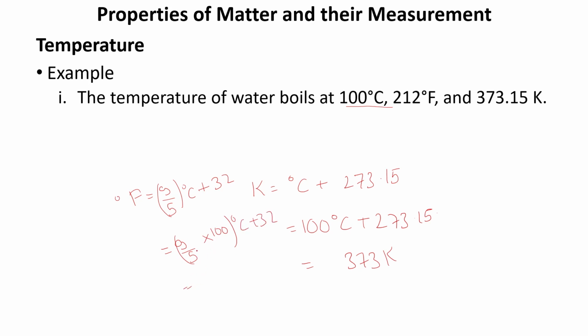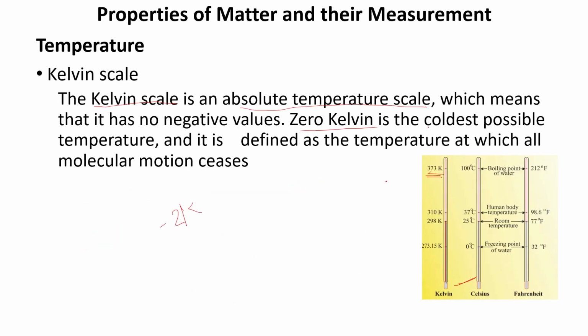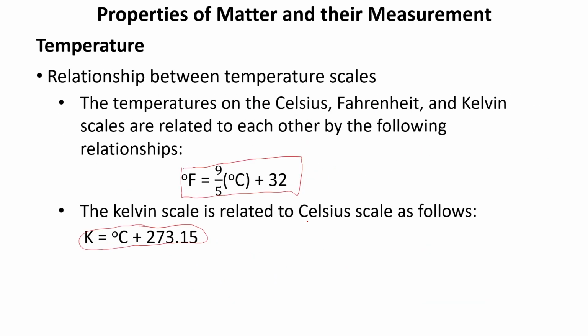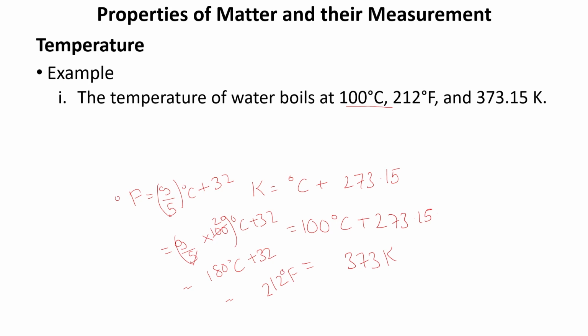That is 180 plus 32, which is 212 degrees Fahrenheit. You can see the same is written here. So you can change from one unit to another using this relation. Thank you for today's lecture.